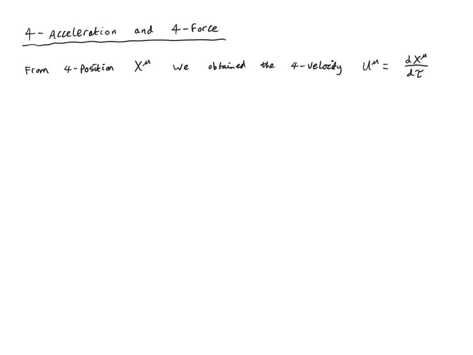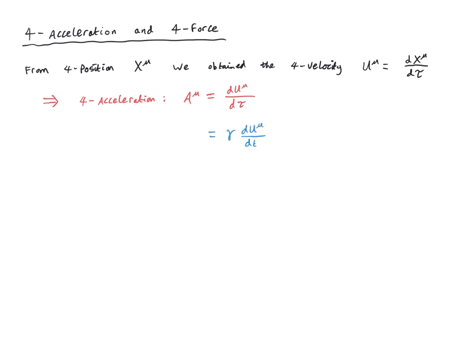If we start off with the 4 position x mu as a 4 vector, then we need to differentiate with respect to something that is the same in all inertial reference frames, and the proper time is such an object.